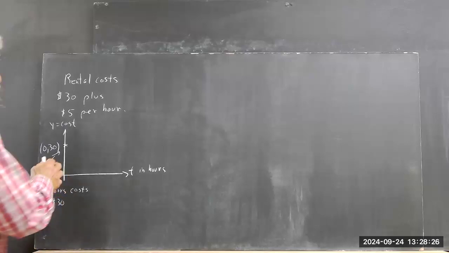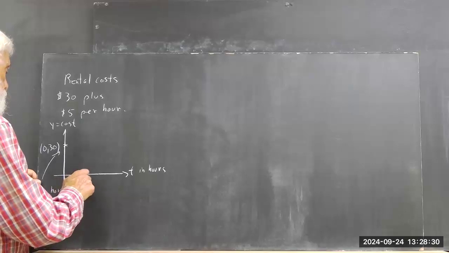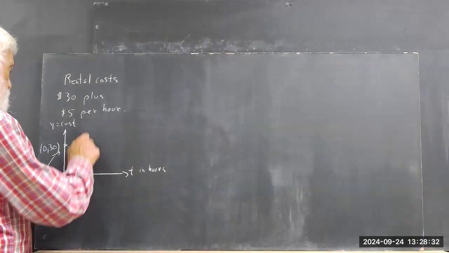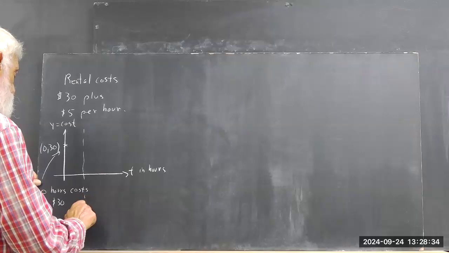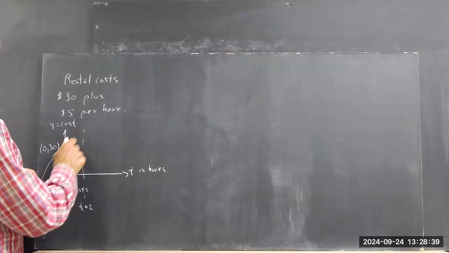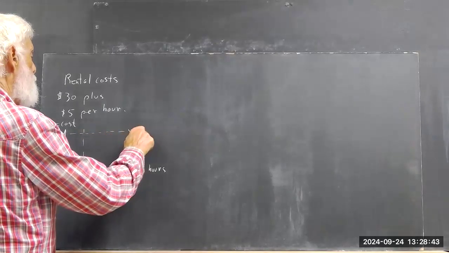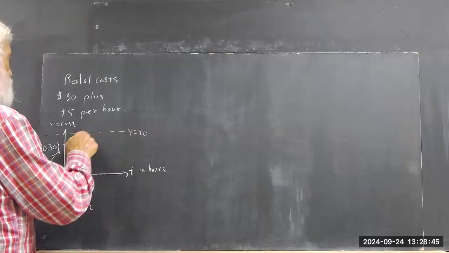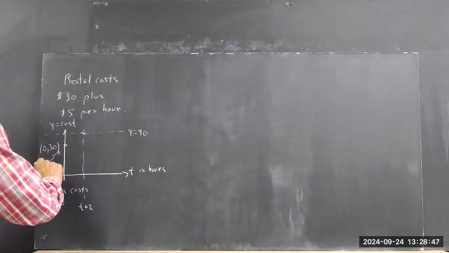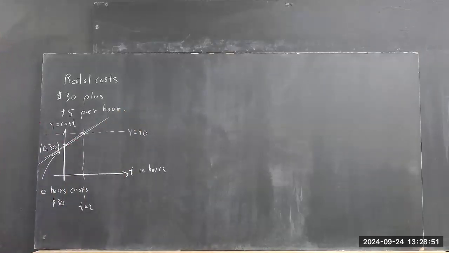So one way to put information on a graph is to go out here for 2 hours, and it's going to cost you $40. You've got 2 points on the graph, so find the equation of the line, right?